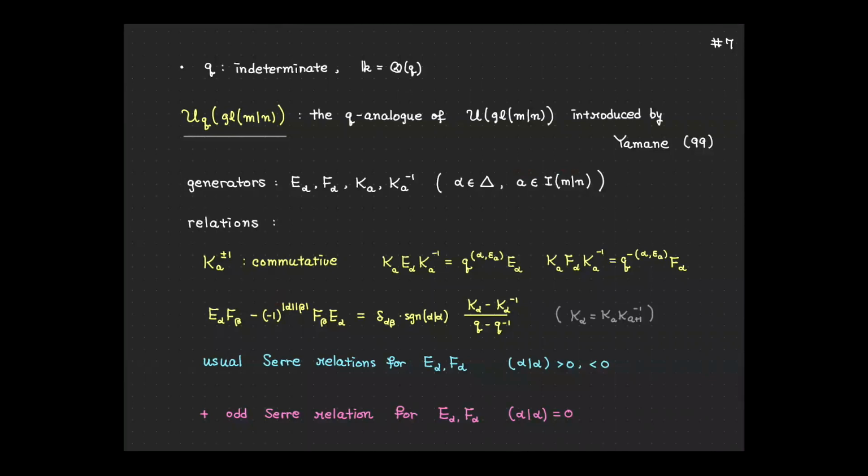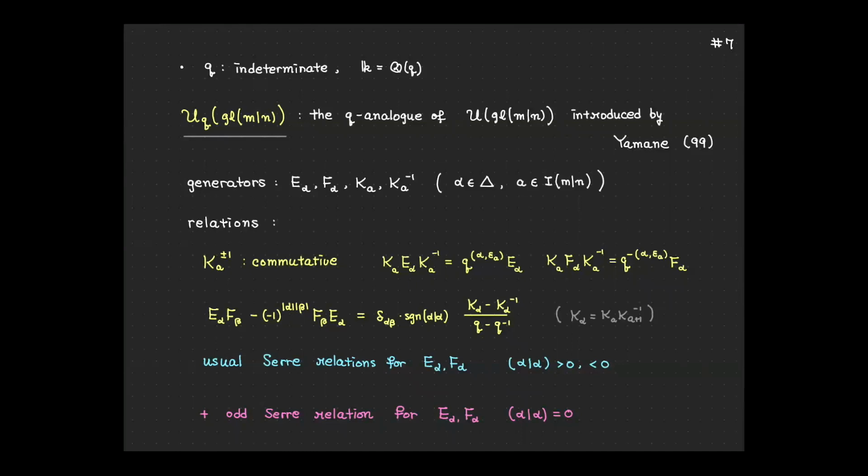That's a technical definition. For the Chevalley generators corresponding to the even simple roots, whether they have positive or negative norm, they satisfy the usual Serre relations. Plus there is an additional relation, let me call it the odd Serre relation, which is related to the generators for the odd isotropic simple root.